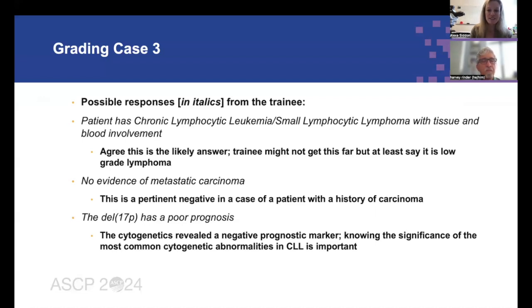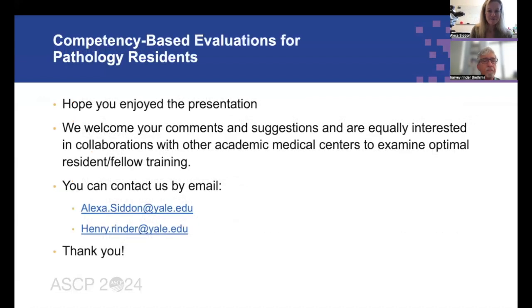And so knowing the significance of the most common cytogenetic abnormalities is important and may come with graduated responsibility and additional learning on heme path rotations. And so these are examples of ways we might integrate these CBEs into our patient learning.